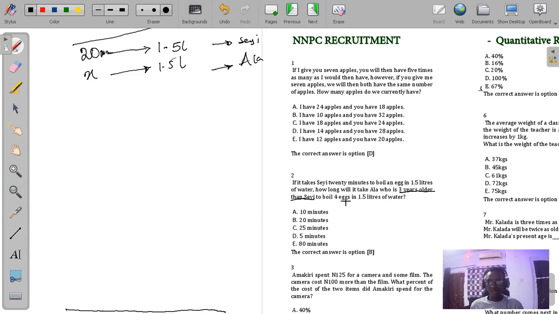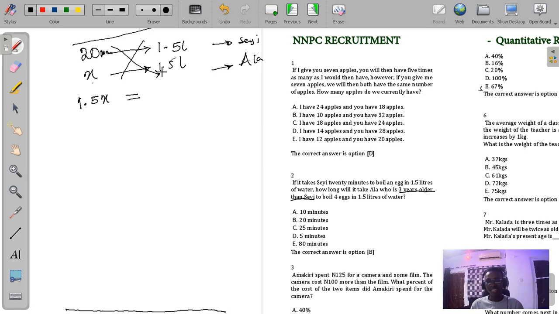Right? So just interpret what you need. 20 minutes is 1.5 liters. So you need a corresponding statement to this, and then you go ahead and solve. So if I cross multiply, x times 1.5 remains as 1.5x equals 20 times 1.5. Okay, that should give us what? Let's say you answer exam and then you want to multiply such results.